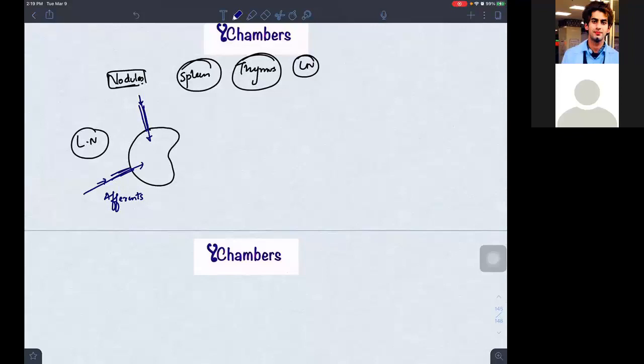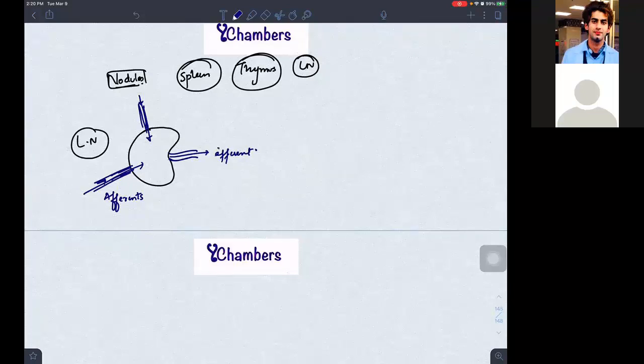Once things are coming towards this lymph node, then they should come out also. Lymph has to come out, so mostly you can see the efferent is one. So you have multiple afferents, at least two, and you have one efferent. Efferent is exiting your things.